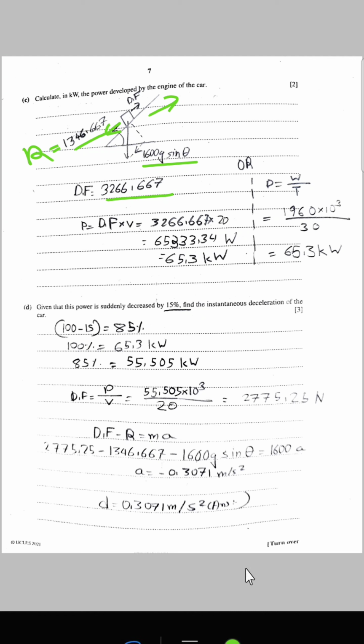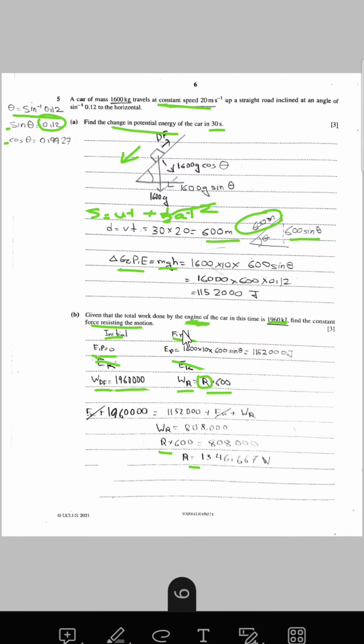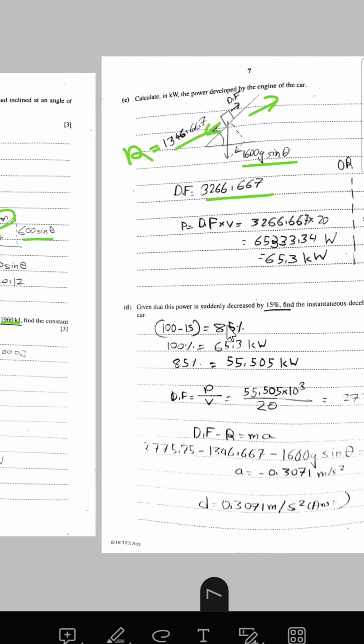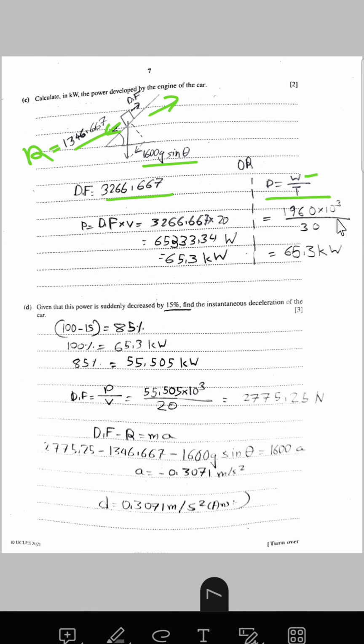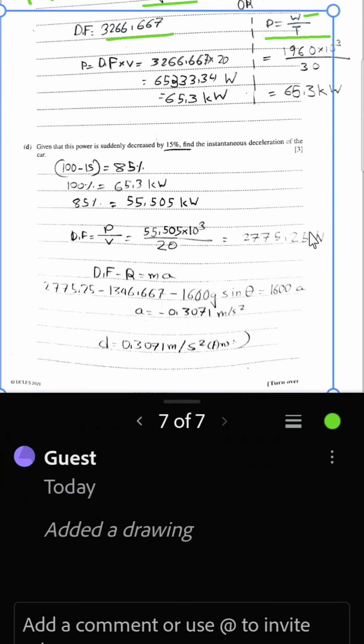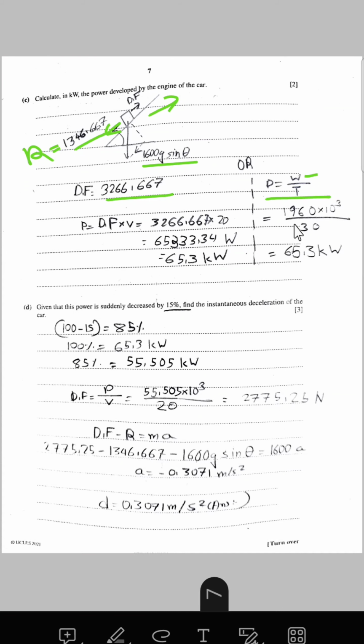Or we can use this equation, that is power is equal to work done by time taken, but it is rarely used, because sometimes we don't know the work. For this expression, we know the work done by the engine, that is given in question B, that is 1960 kilojoules, 1960 times 10 to the power 3 joules, divided by time taken.